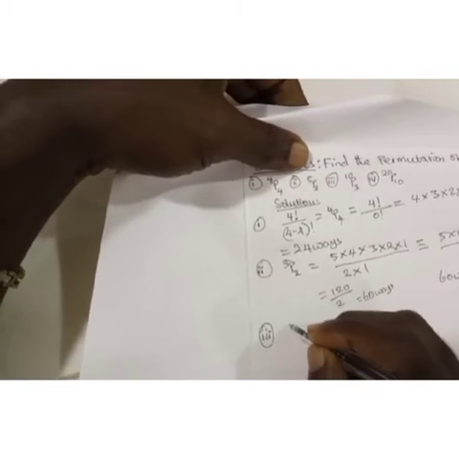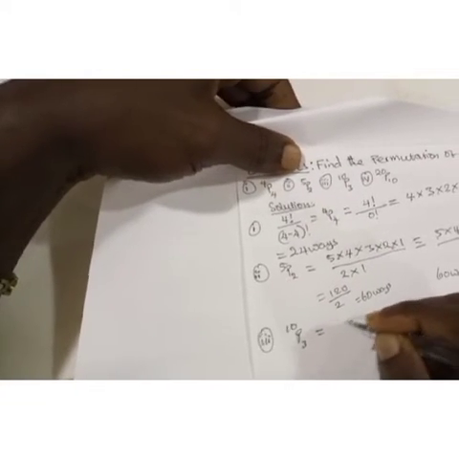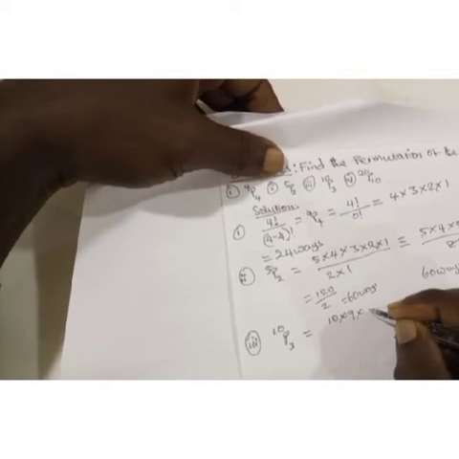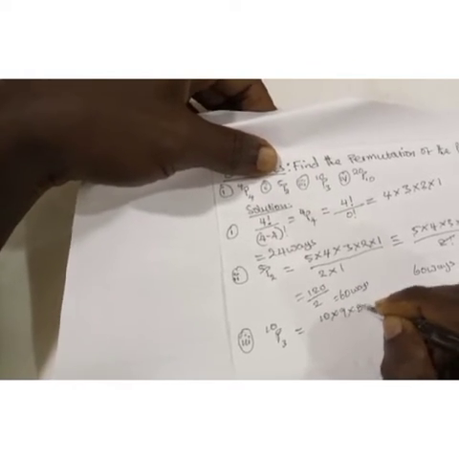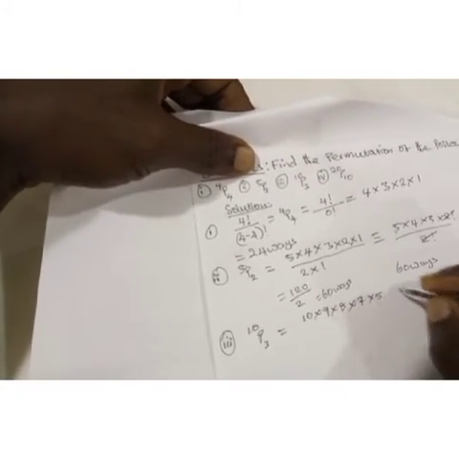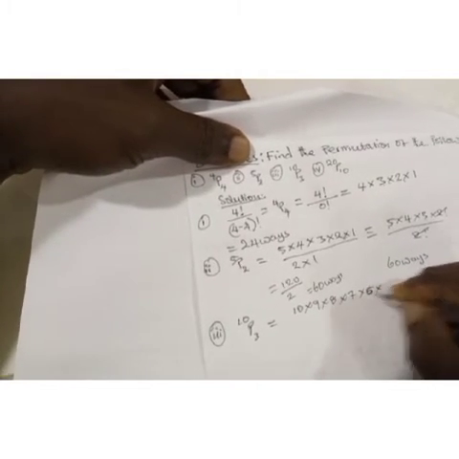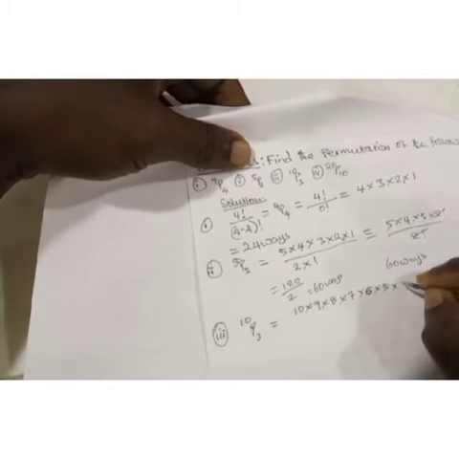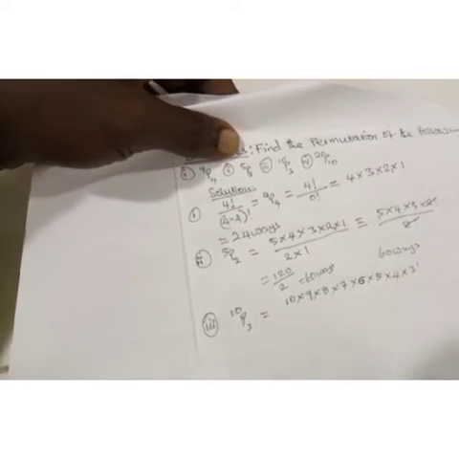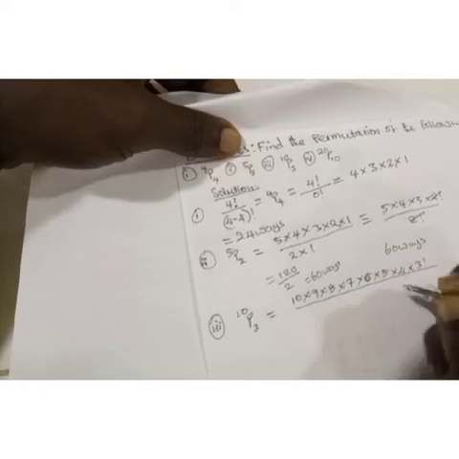Example 3, which we have 10 permutation 3, which is the same thing, is to be equals to 10 times 9 times 8 times 7 times 6 times 5 times 4 times 3 factorial all over 3 factorial.